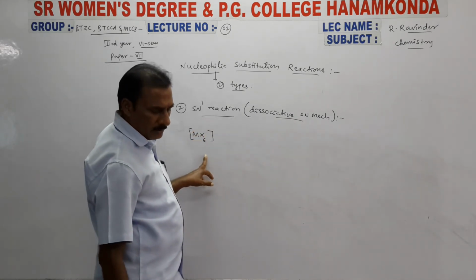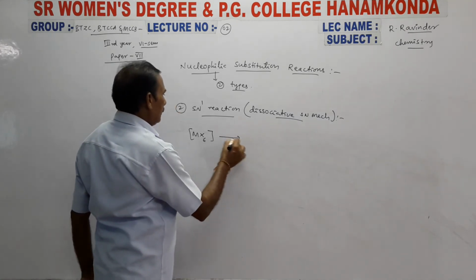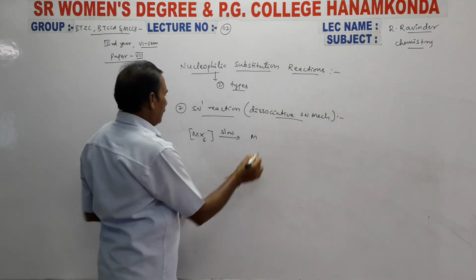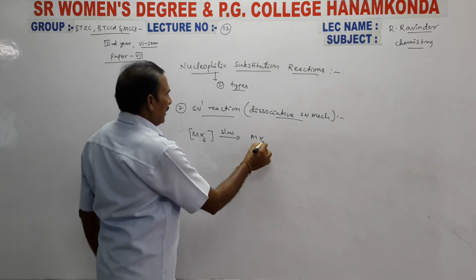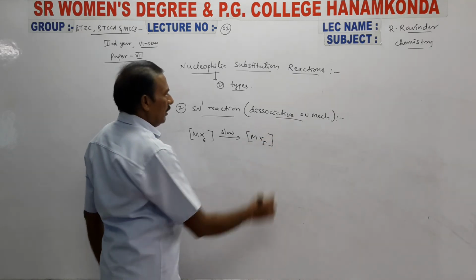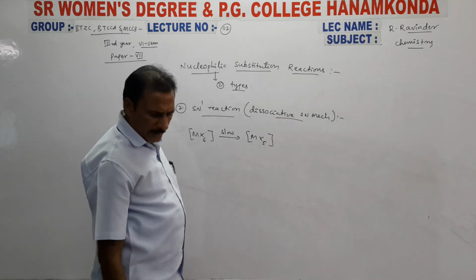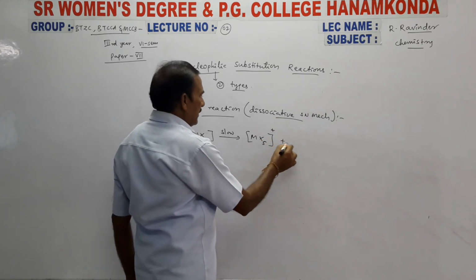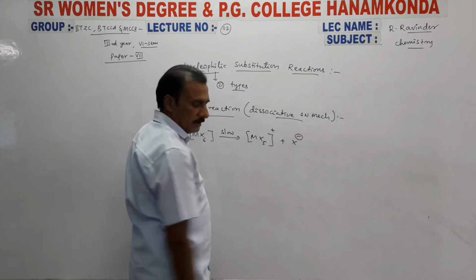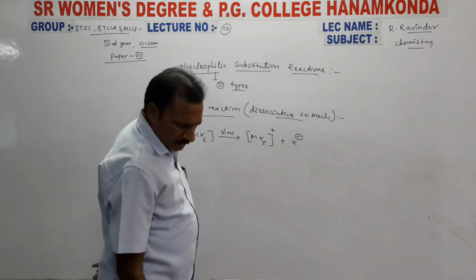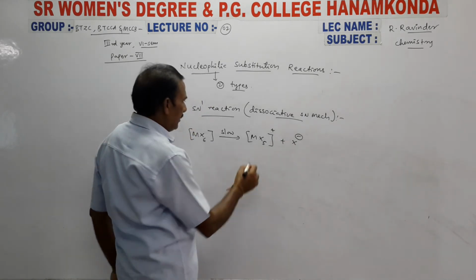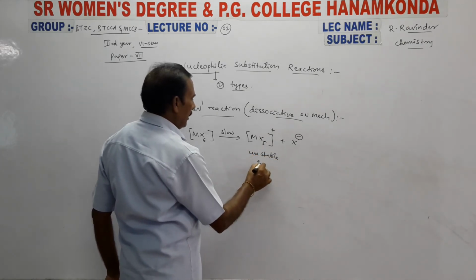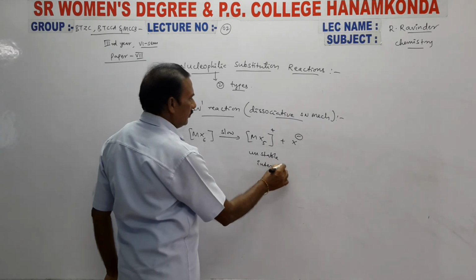In a slow step, one ligand is eliminated, so instead of 6, MX5 is there. Loss of one ligand X minus leaves one positive charge. This is the first reaction, and here the unstable intermediate is formed.